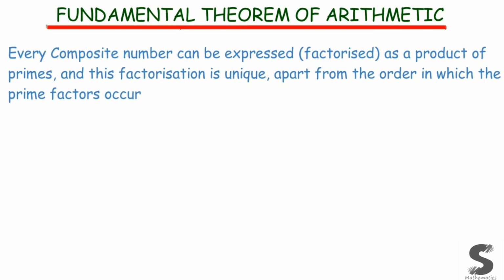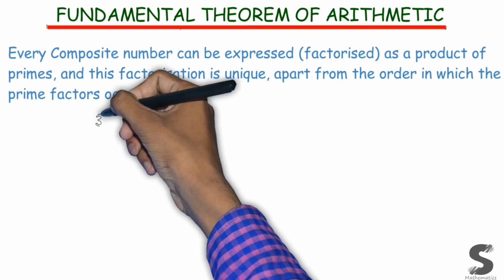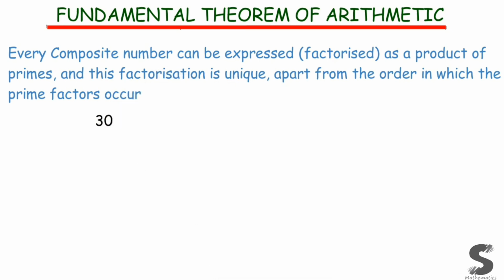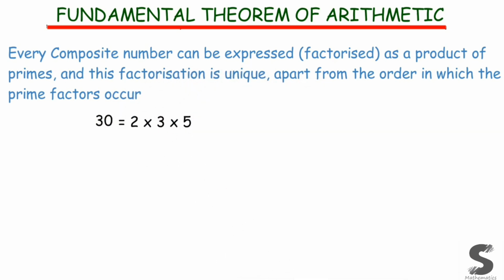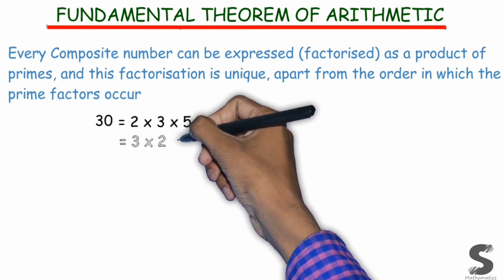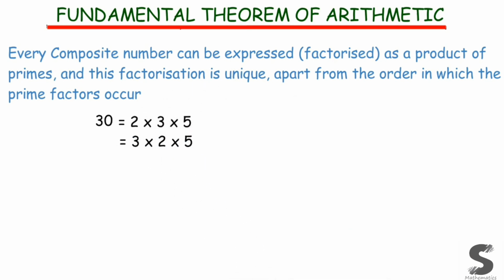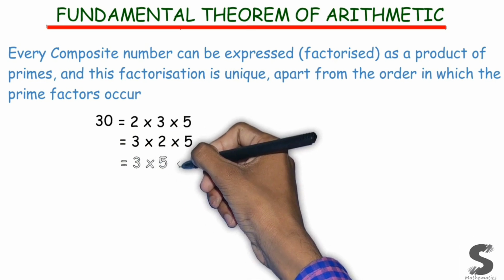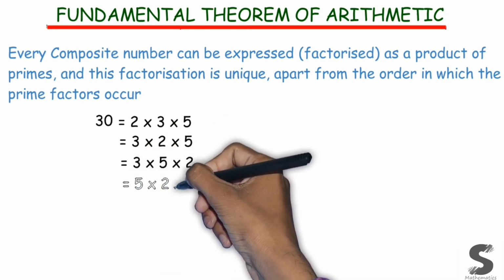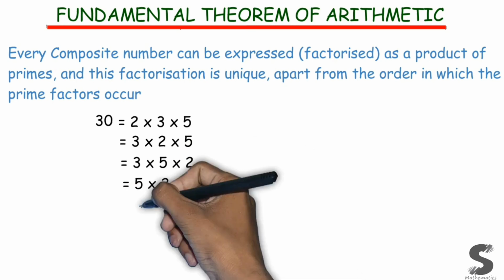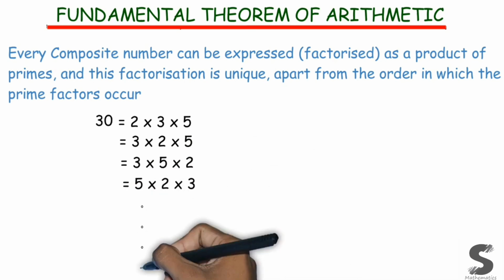Let's understand this concept through an example. Take a composite number, say 30, and this 30 can be written as 30 is equal to 2 into 3 into 5 or 3 into 2 into 5 or 3 into 5 into 2 or 5 into 2 into 3 and so on, up to 6 ways.